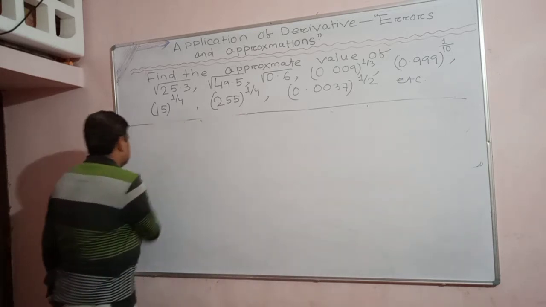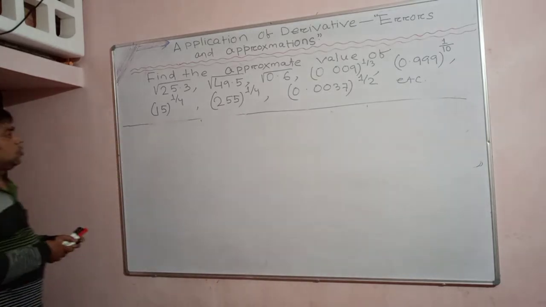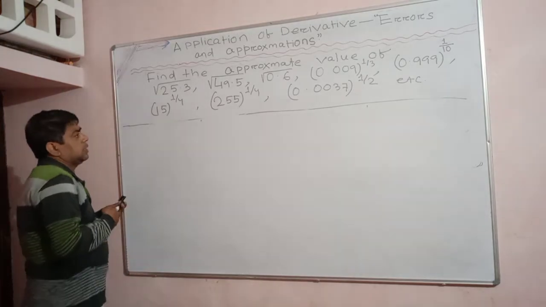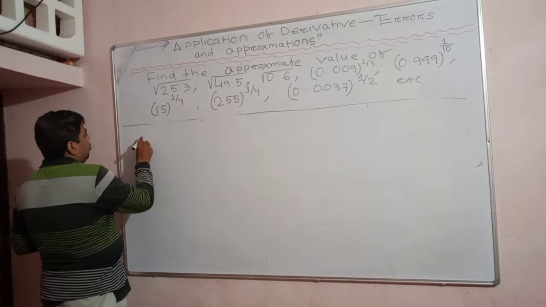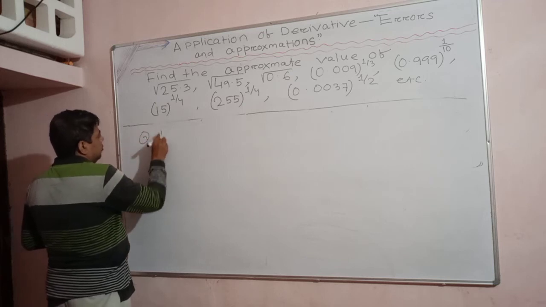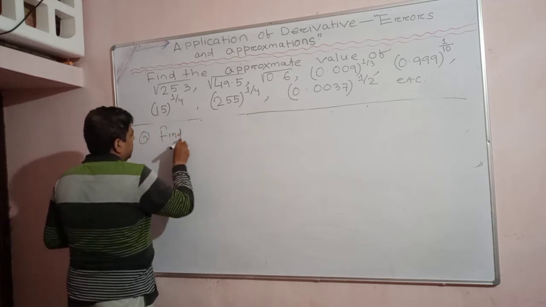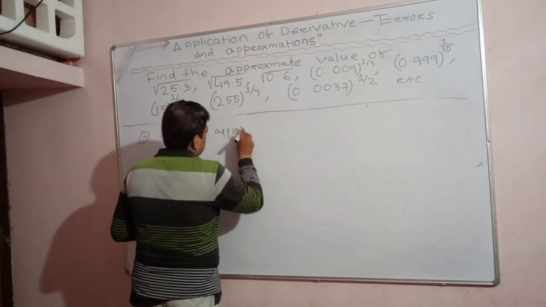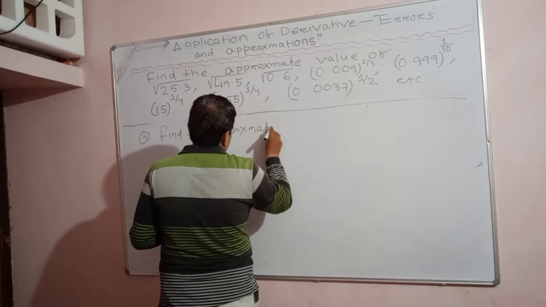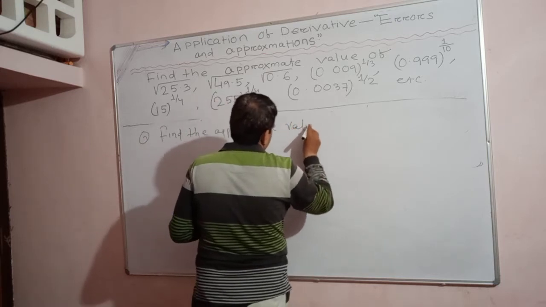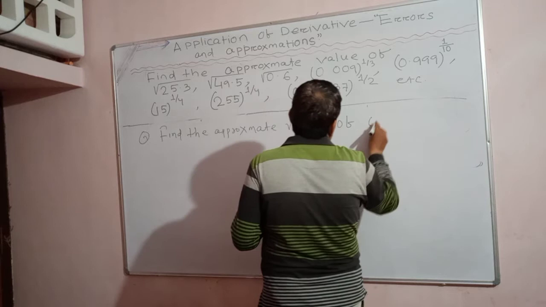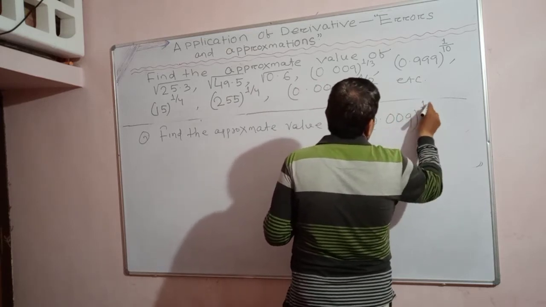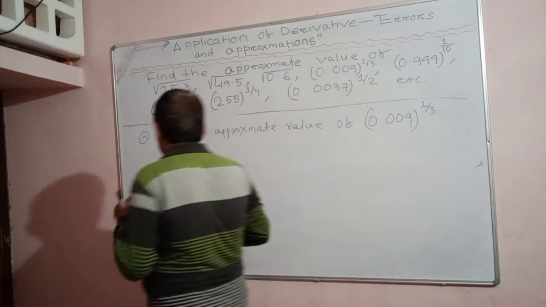Find the approximate value of 0.009 whole to the power 1 by 3. Okay, let's find it.